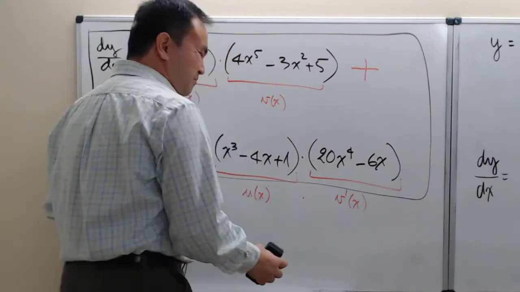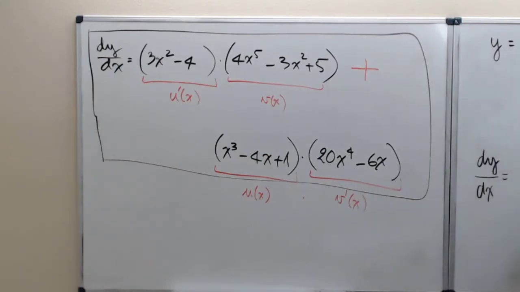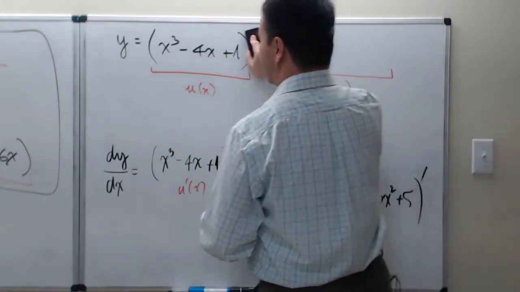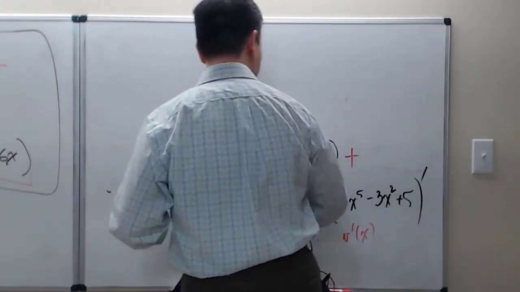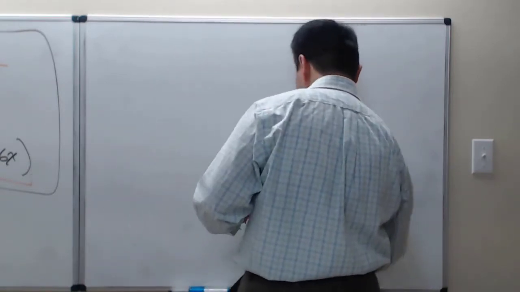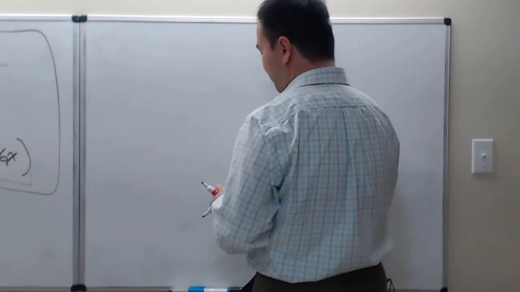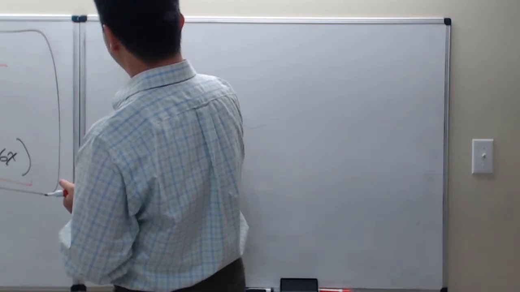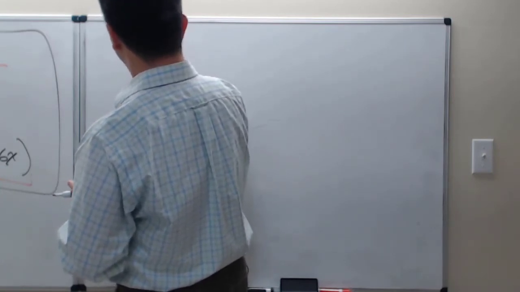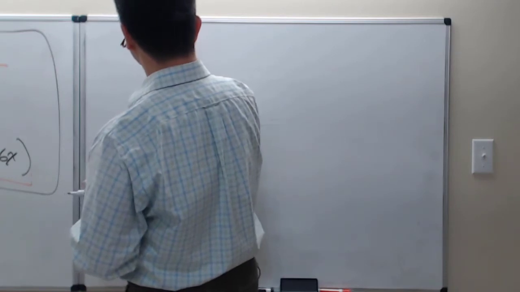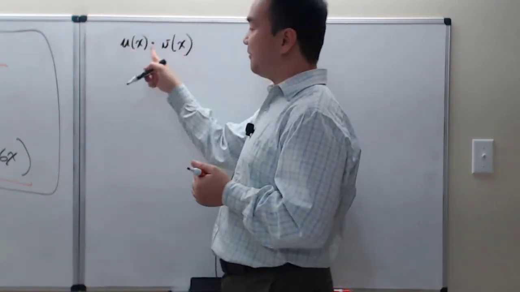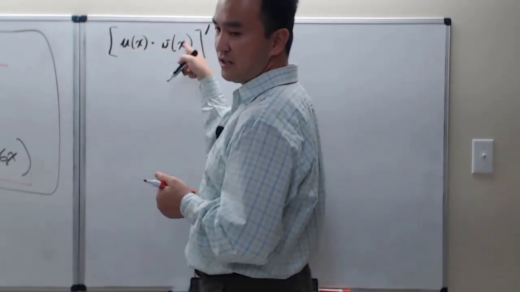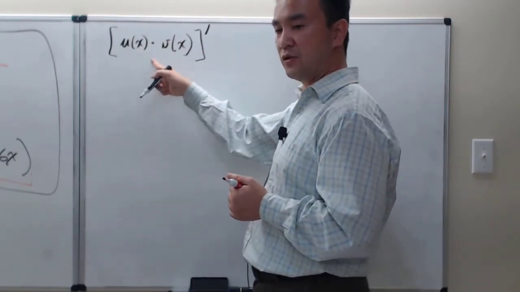Now let's formulate what's happening in our formula here. Right from the beginning of our work, the reason I wrote u and v is that the problem we were doing describes a product of two functions, and what we were doing was taking the derivative of the entire function as the product of u and v.